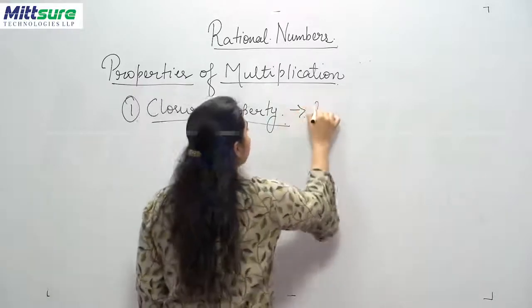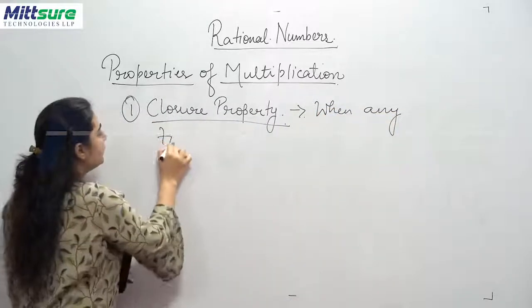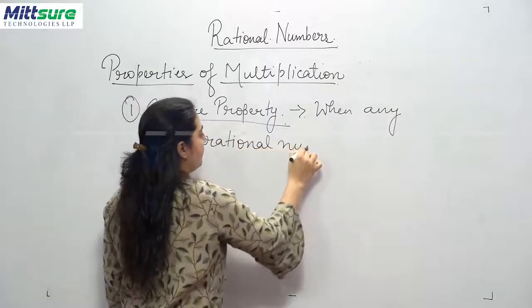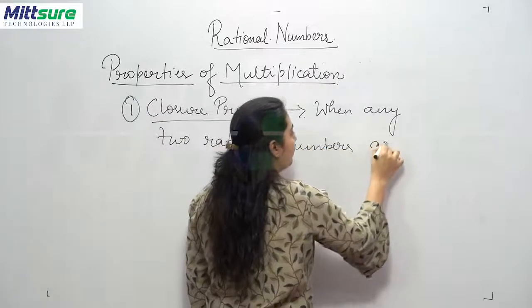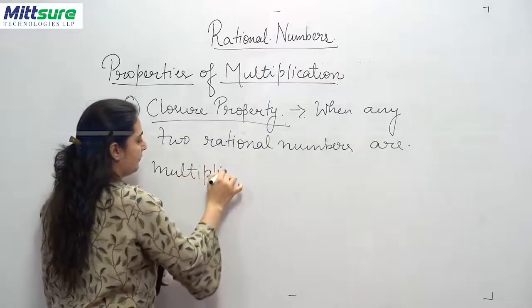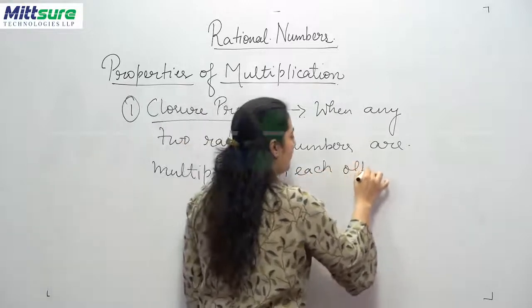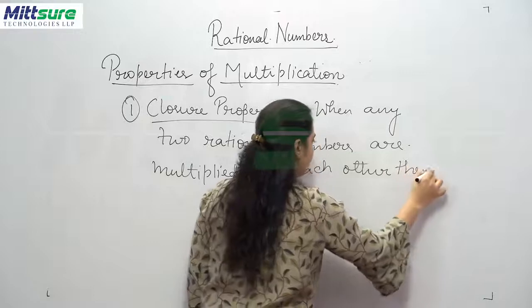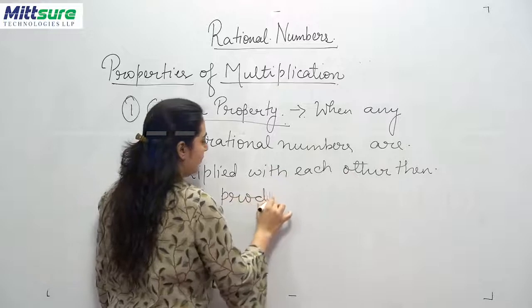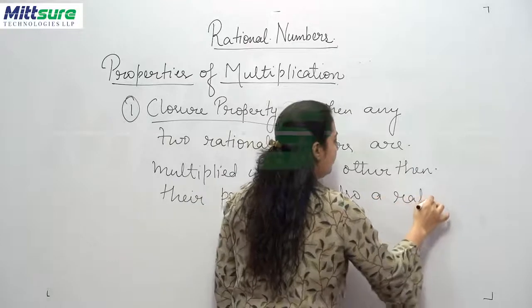It says when any two rational numbers are multiplied with each other, then their product is also a rational number.